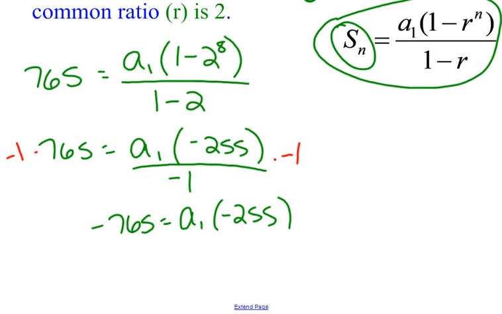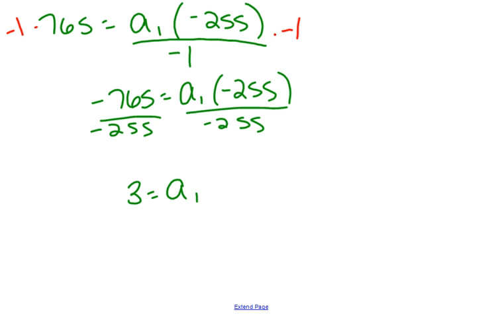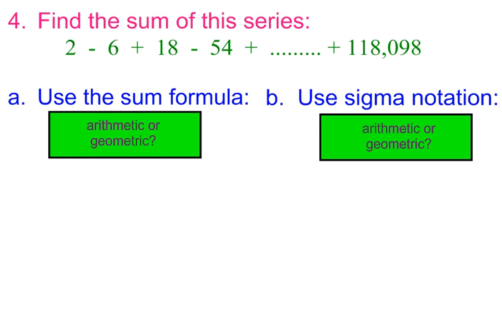And then as I simplify this, I'm going to divide both sides by negative 255. And I end up with my first term being 3. So there's my answer for number 3. My first term is 3. And you could have used either formula here if you wanted to use the summation one. I think that this sum formula was easier than the sigma notation, but it's your choice.